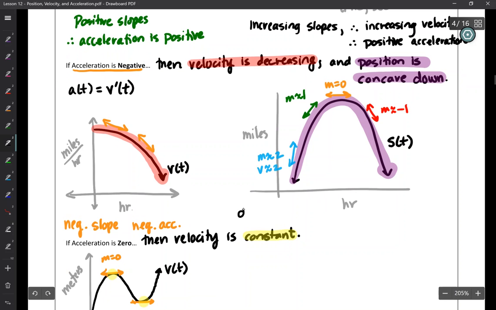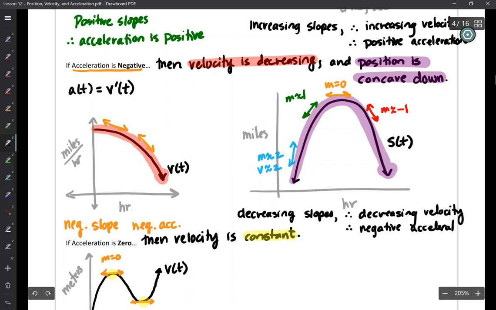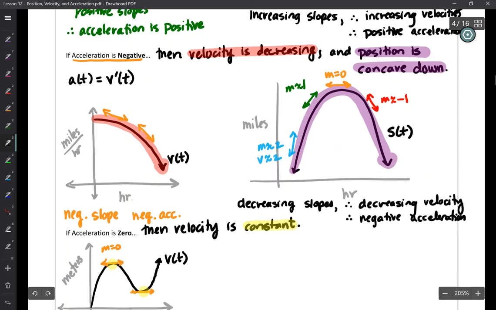So decreasing slopes, therefore decreasing velocity, therefore negative acceleration. Okay?